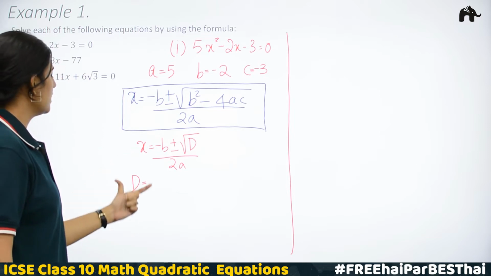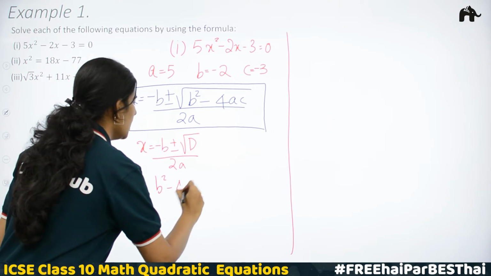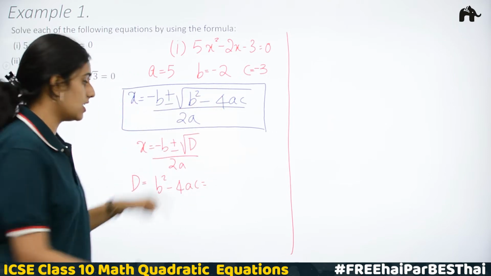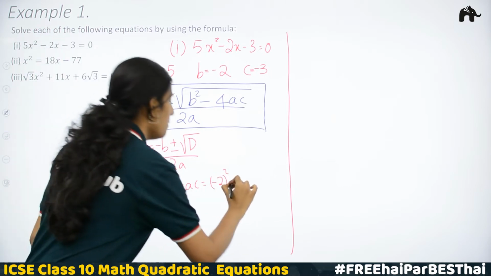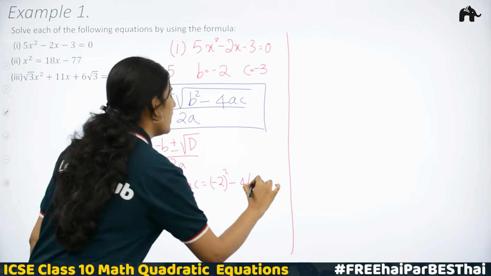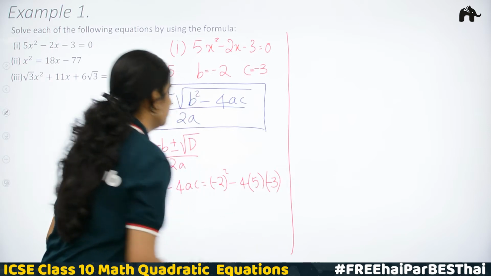Here, discriminant is equal to b square minus 4ac. Just substitute the values. What is b square? B is equal to minus 2. Minus 2 square minus 4 into a is equal to 5 and c is equal to minus 3.